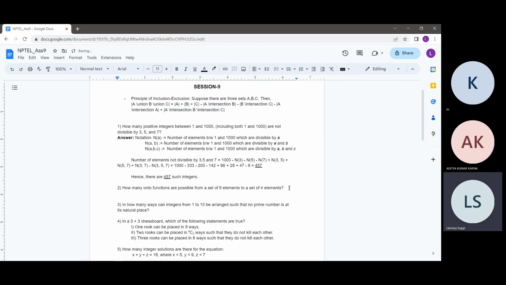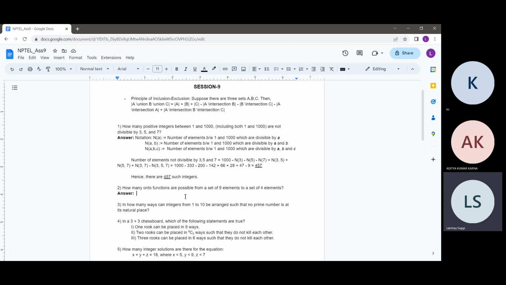So we can move on to the next question. The next question says, how many onto functions are possible from a set of 9 elements to a set of 4 elements? I'm sure you must have done this sort of thing in lecture also, but I'll try to do this in a similar manner as I did here.